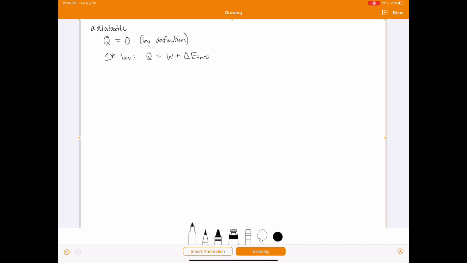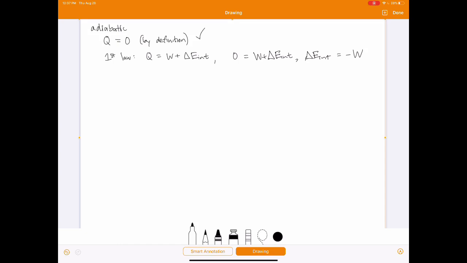But again, there's no heat flow, so 0 is Q. That's equal to W plus delta E internal, which means delta E internal is equal to minus W. So in other words, the internal energy change of a gas during an adiabatic process is the negative of the work done by the gas.